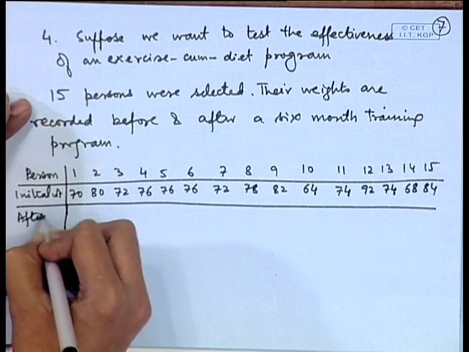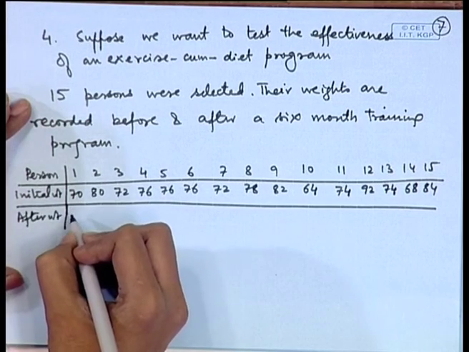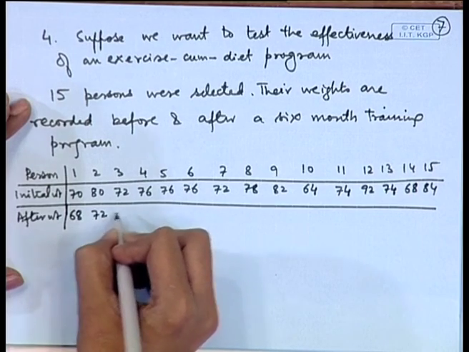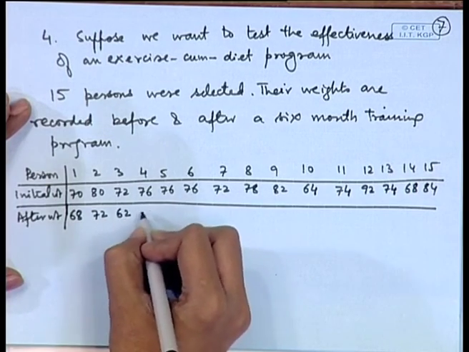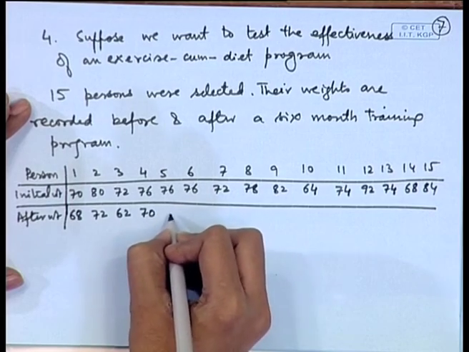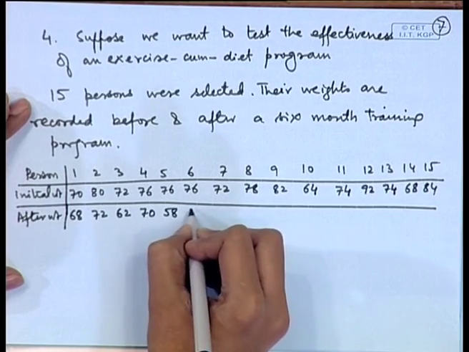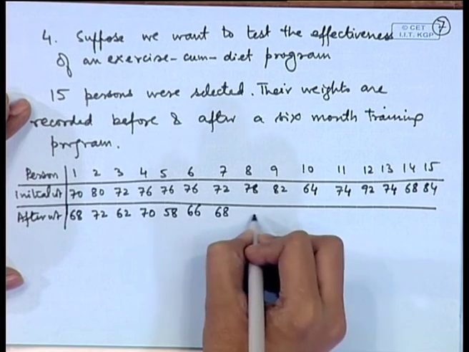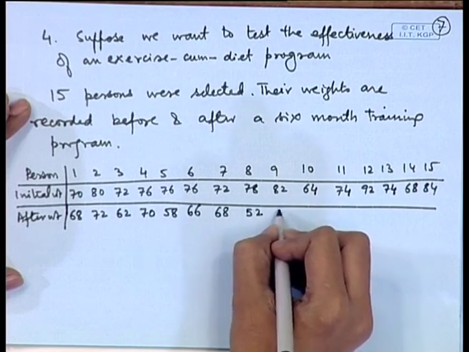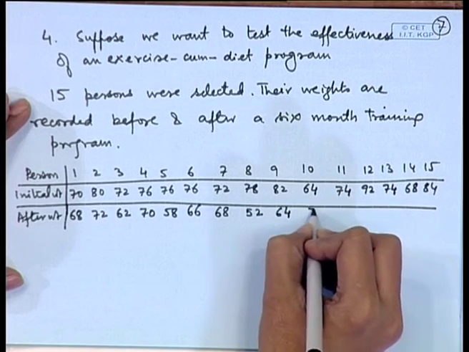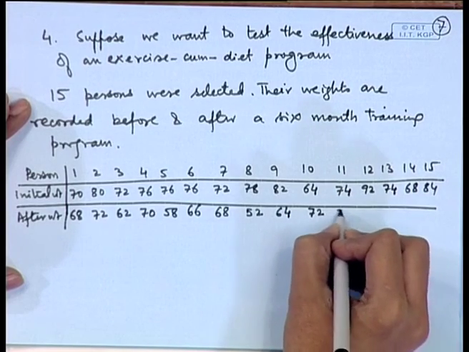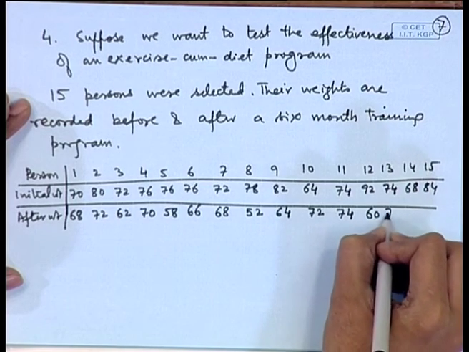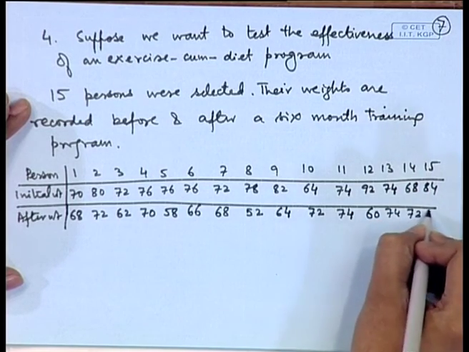After the program is conducted, the weights are 68, 72, 62, 70, 58, 66, 68, 52, 64, 72, 74, 60, 74, 72 and 74.